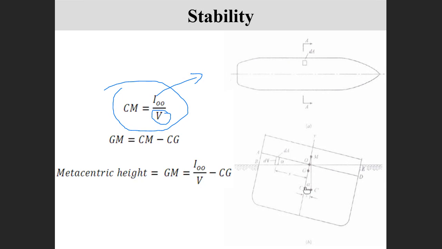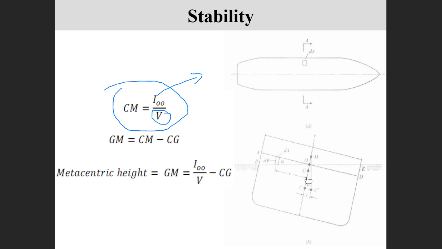Now, this is the center of gravity, this is the center of pressure, call it B or call it C, it doesn't matter. So CM, the total distance from the center of pressure to the metacenter, is given by the second moment of inertia divided by the volume of what, guys? The volume of the immersed part of the body. Right? And then GM is equal to CM minus CG.